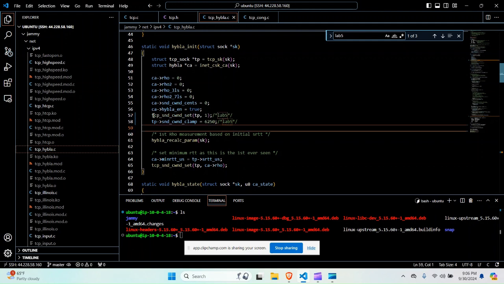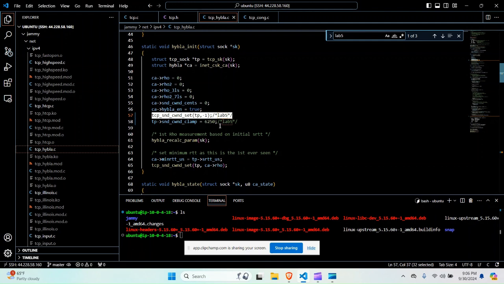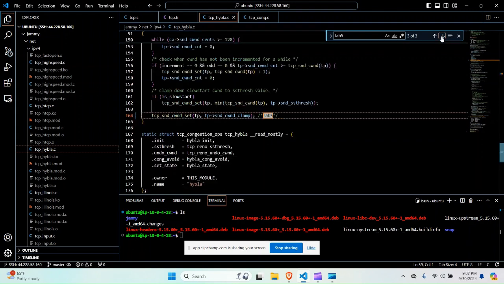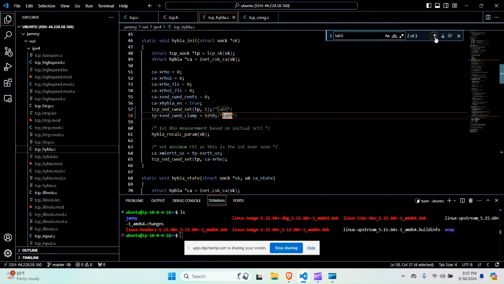We also decreased the congestion window clamp, which is the maximum value that we can have, from 65,000 to some very low value, 6,250, for TCP Hybla. And these are the changes in TCP Hybla. We are also setting the TCP congestion window to its maximum value, and that's it.